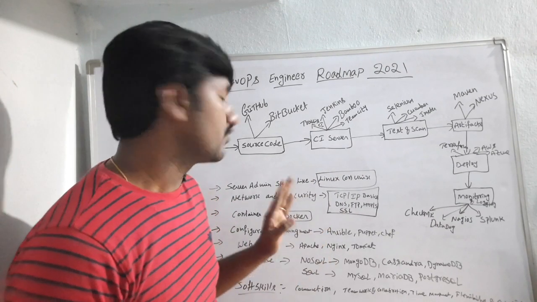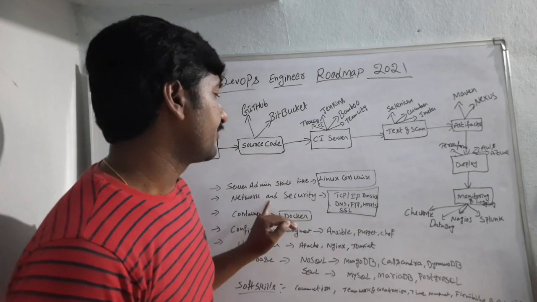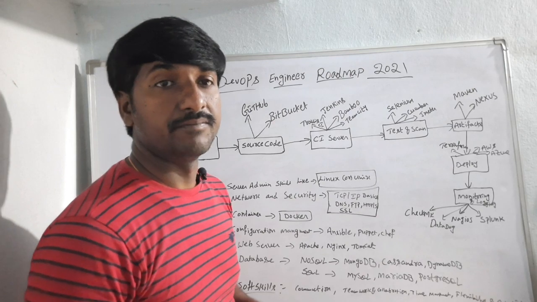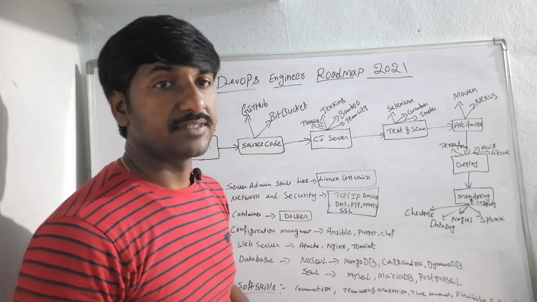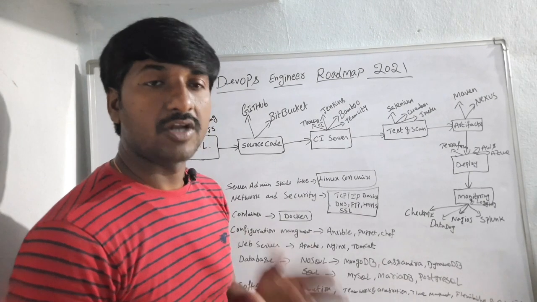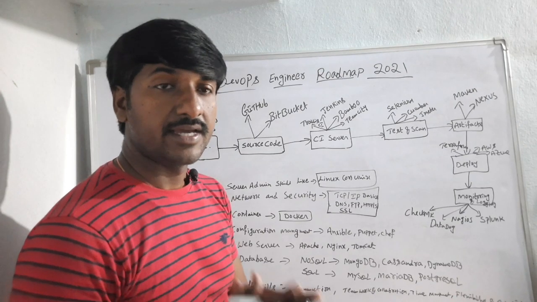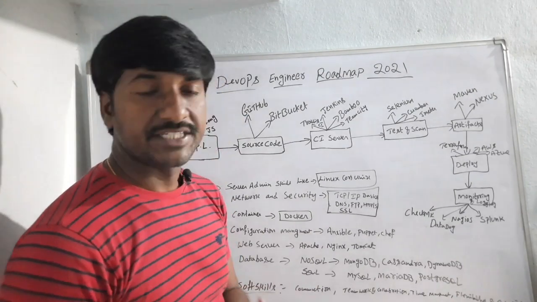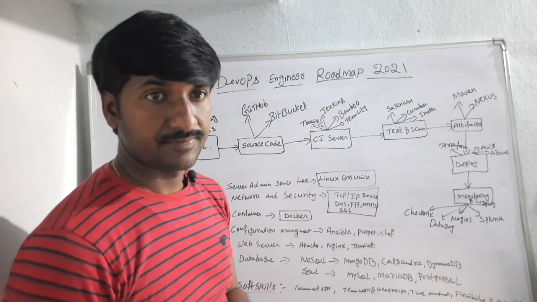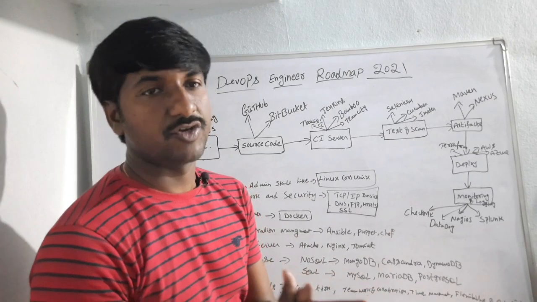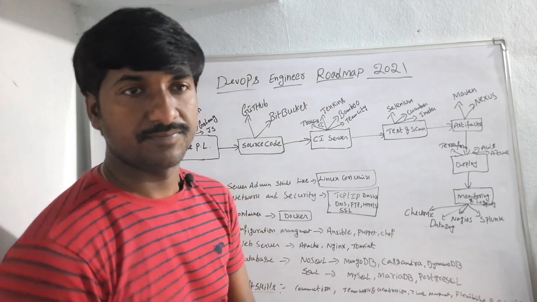At the same time, you must also have experience in networking and security. You should have basic knowledge of TCP/IP protocols and protocols like DNS, FTP, SSL, HTTP and HTTPS. You should have some basic knowledge of networking and security as well.